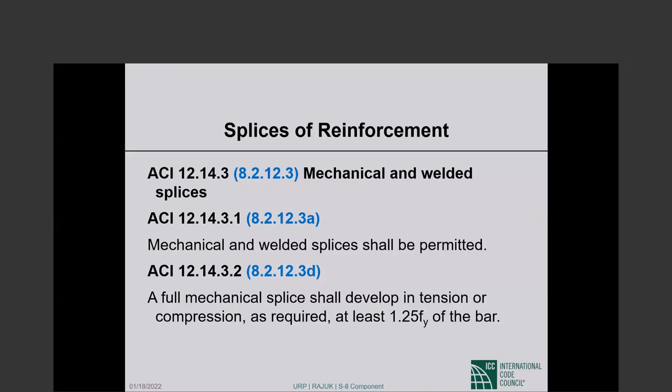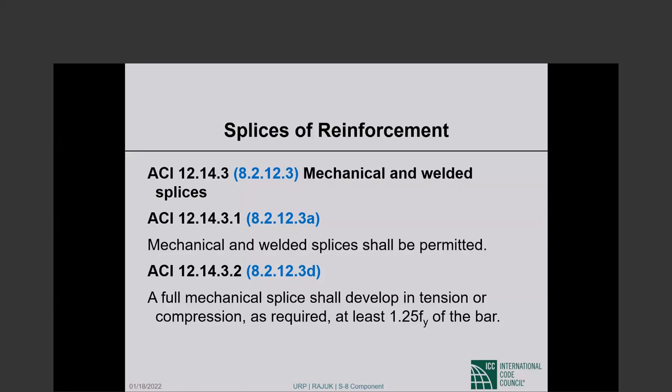Mechanical splices actually are very attractive in many situations because the laps can be long for larger bars, which gives you congestion, and placement of concrete becomes difficult. However, mechanical splices are expensive, and they also take up room.